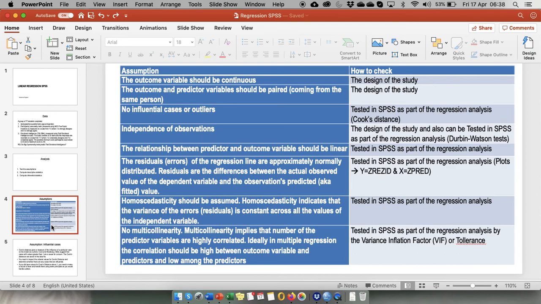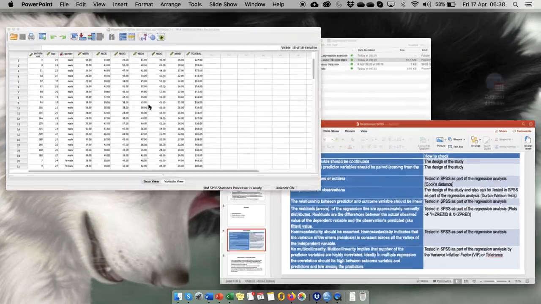And finally, we want to check that there is no multicollinearity, i.e. that any 2 of the predictors are not too strongly correlated. And in SPSS, through regression analysis, we can ask for the variance inflation factor or for tolerance. Once you ask for one, the other one comes up automatically, but you would only use one of those. So let's have a look at our data set.